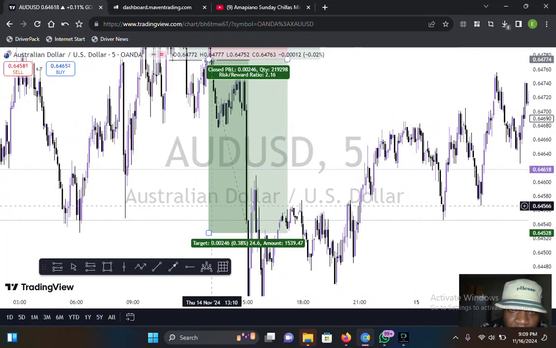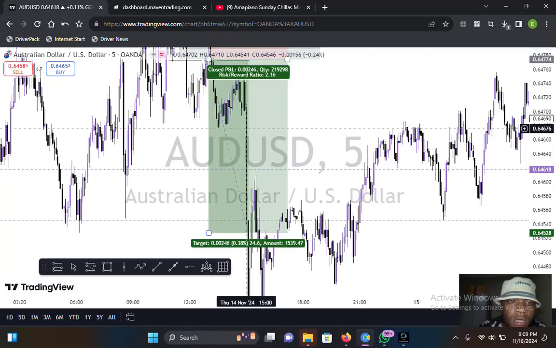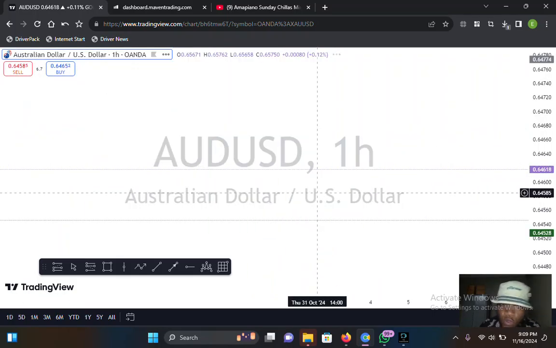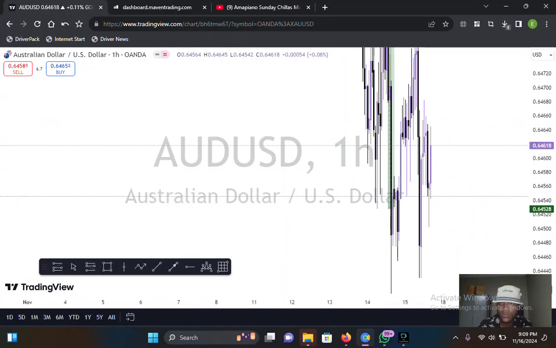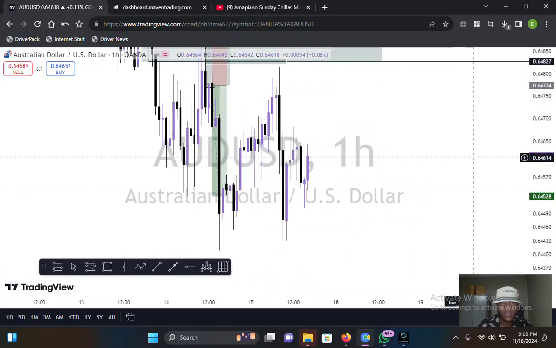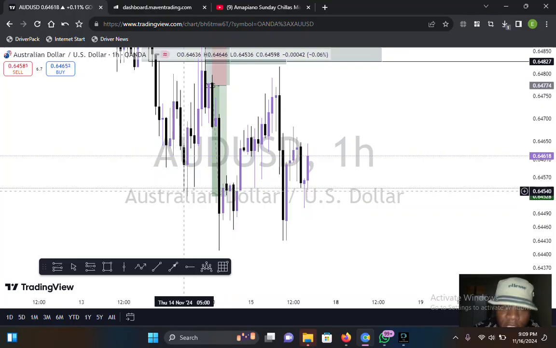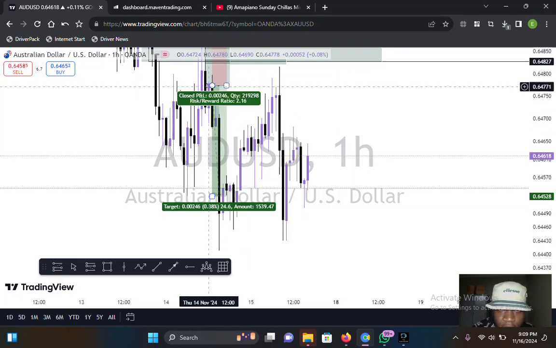If you want to target a higher risk or a higher position, you can go back to your 1 hour again to observe the price. But eventually this liquidity here was hit, which means this trade was good to enter right there.